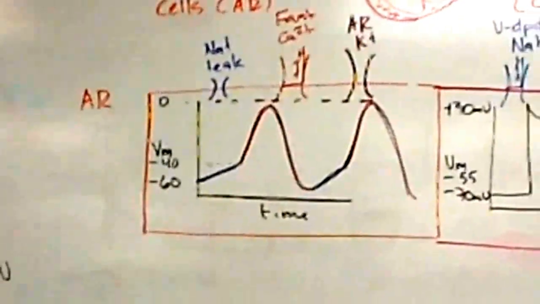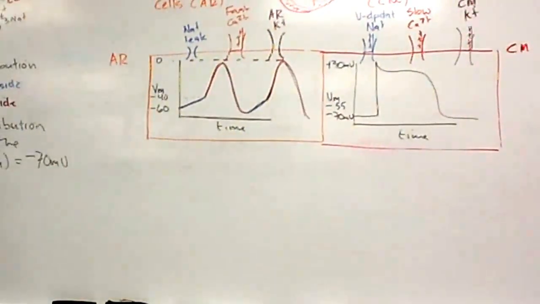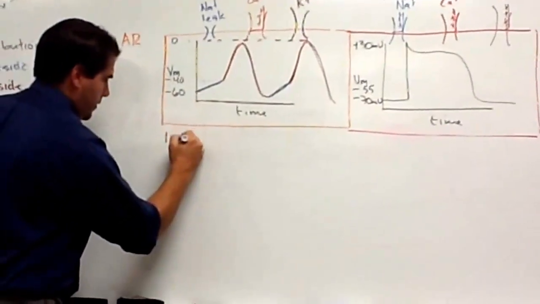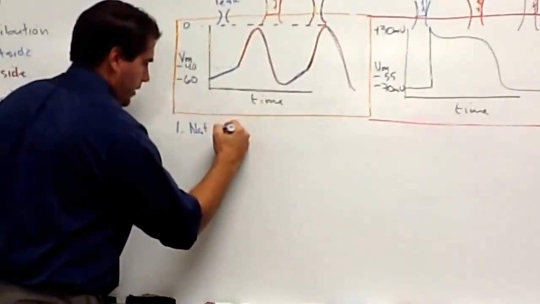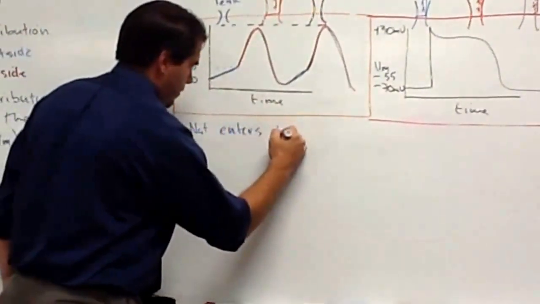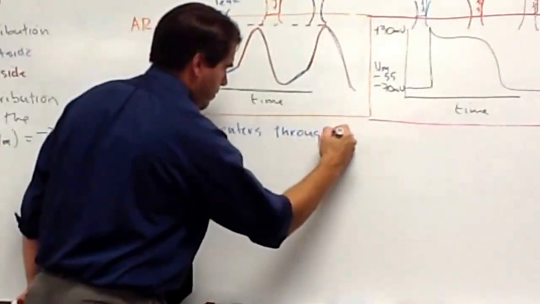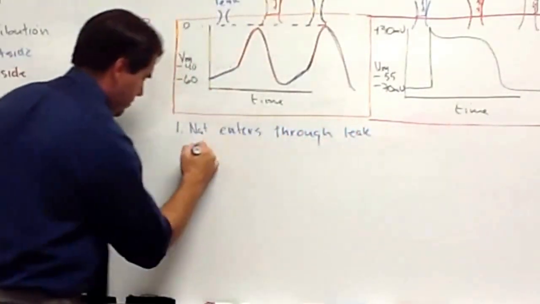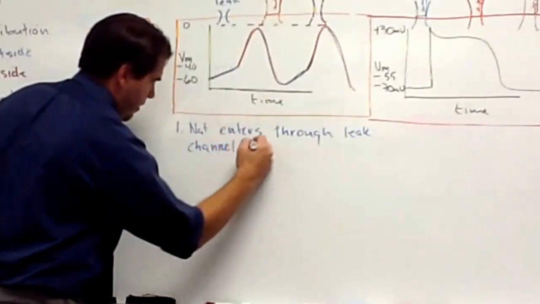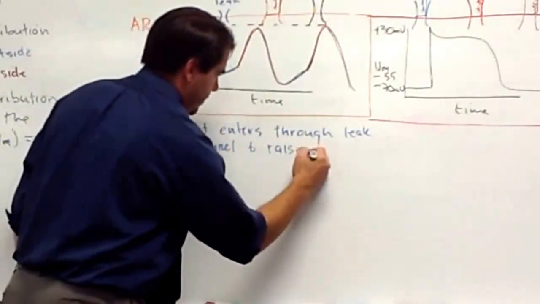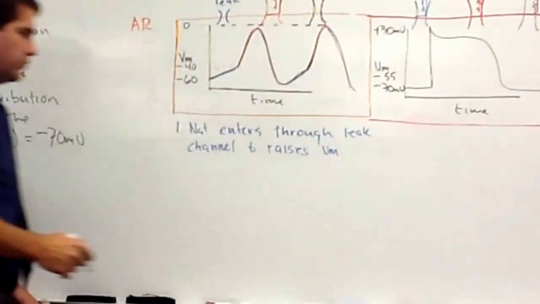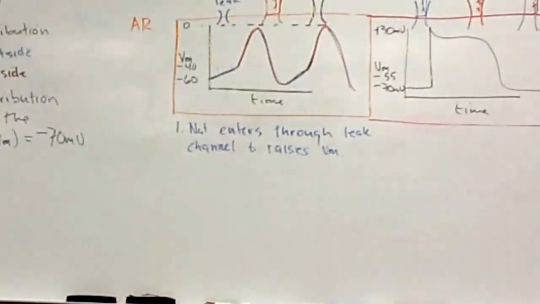So if we were to write this out, we would say sodium enters through the channel and raises Vm. Again, by raises, I mean makes it more positive.